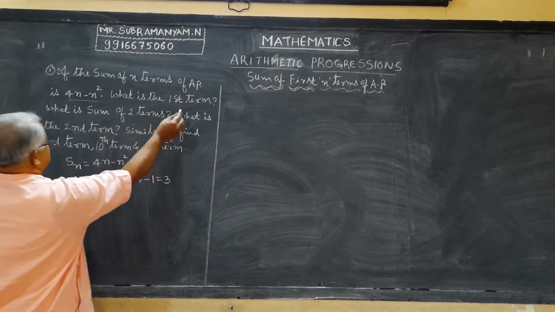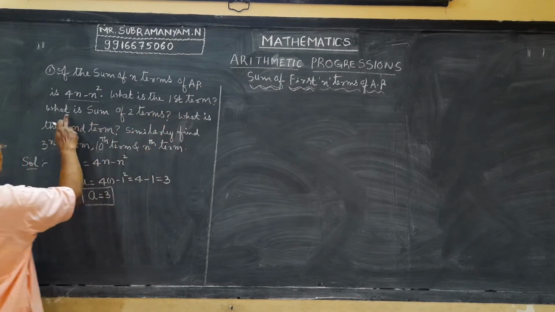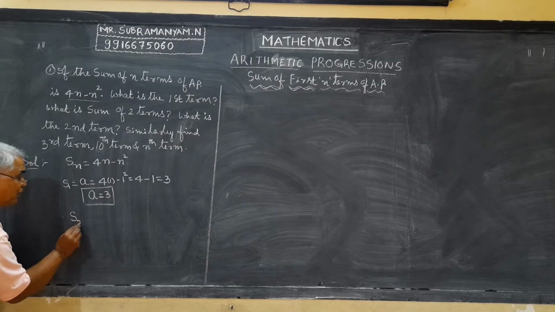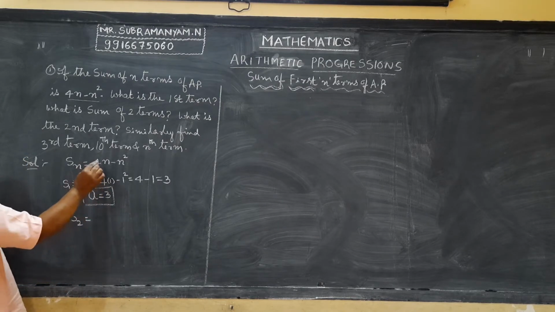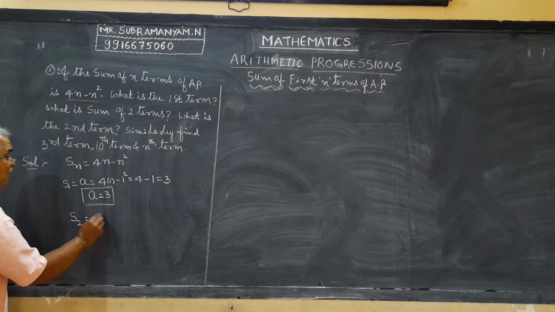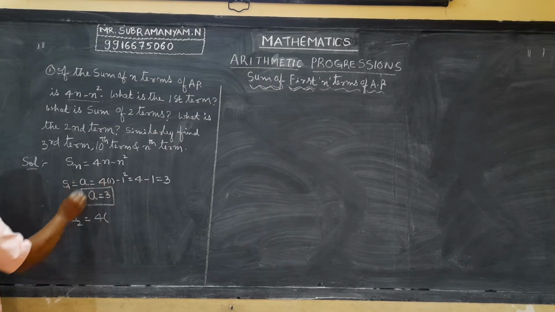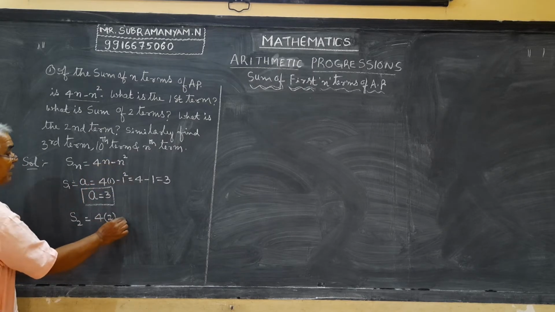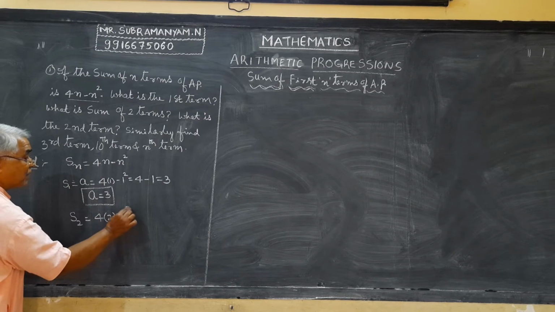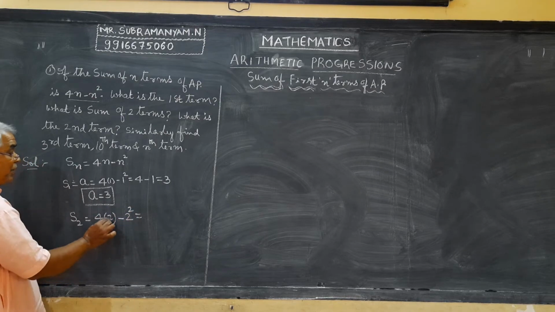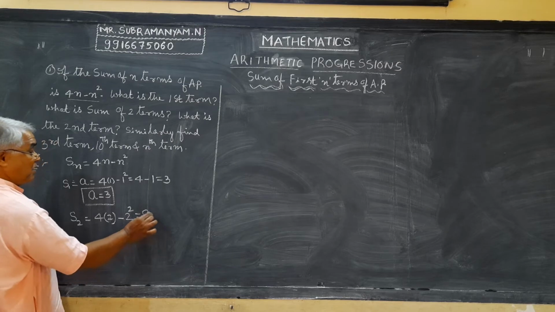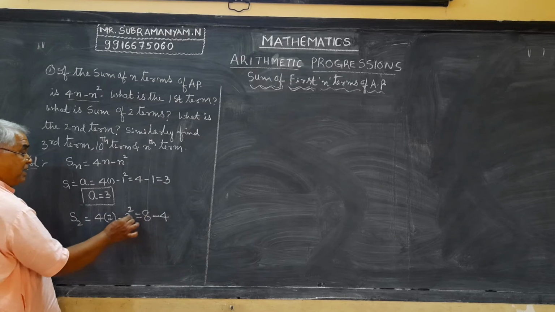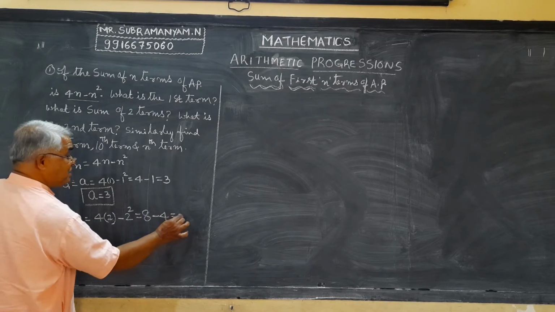Next, we have got the first term. What is the sum of two terms? That means S2, the sum of two terms. We use this formula, 4n minus n square, where n value is 2. 4 into 2 is 8, 2 square is 4, 8 minus 4 is 4.